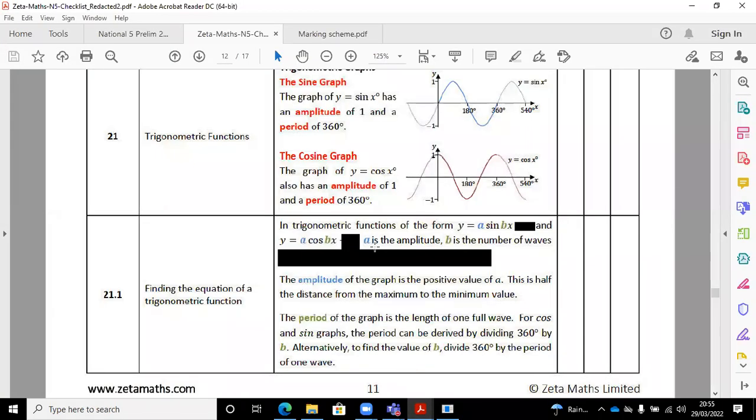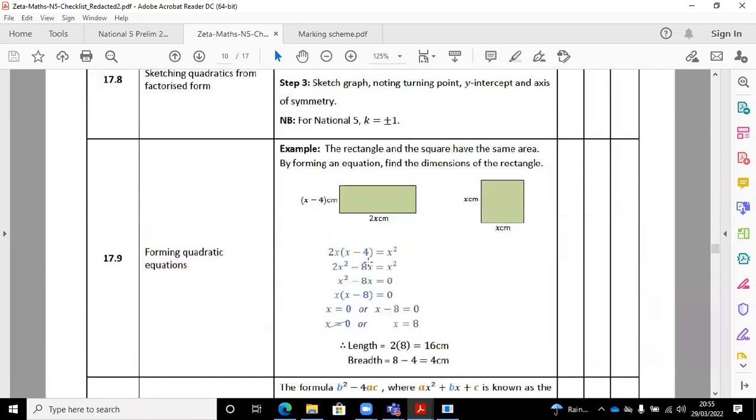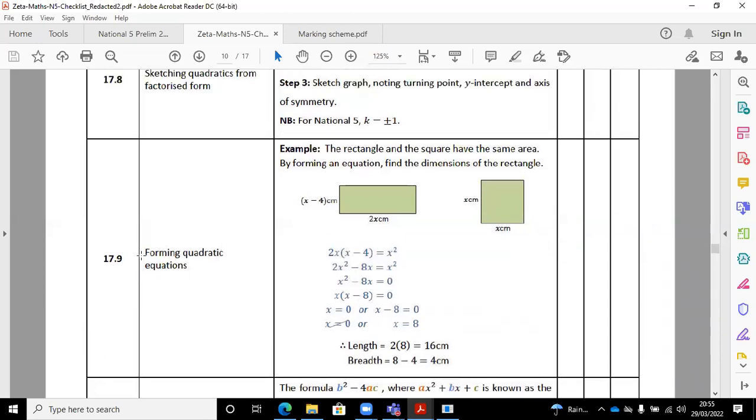They like making you make your own equations up. They like to create or form quadratic equations. So this is another example. Length times the breadth. So you have 2x here multiplied by a bracket, and then you're working through.